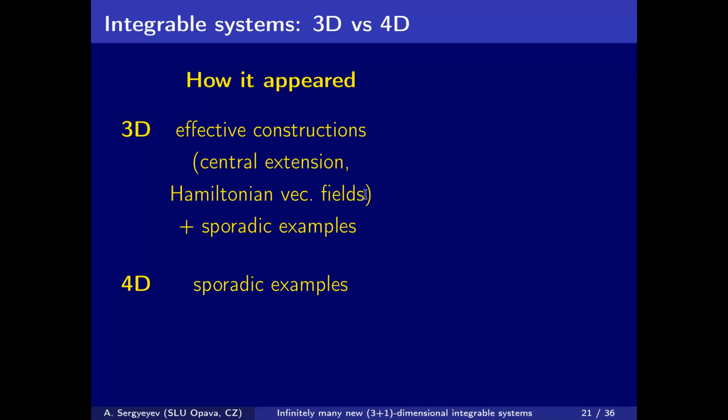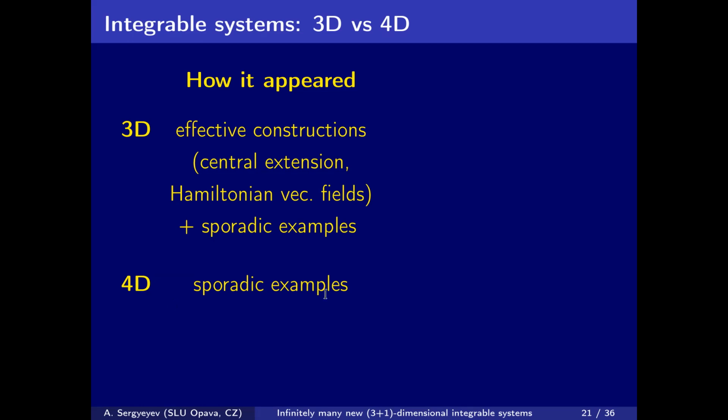Another powerful construction is the one using Hamiltonian vector fields, which we have looked at before. And of course, there are some sporadic examples that do not fit into these two general constructions.